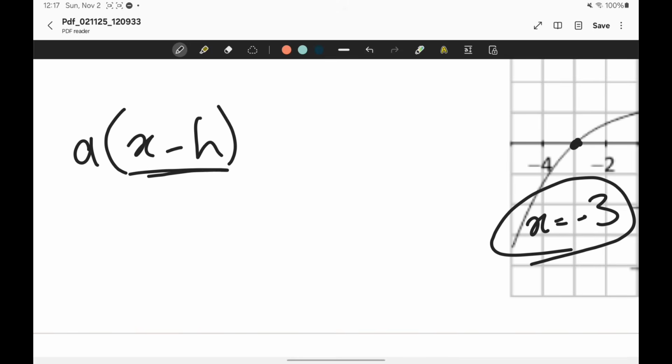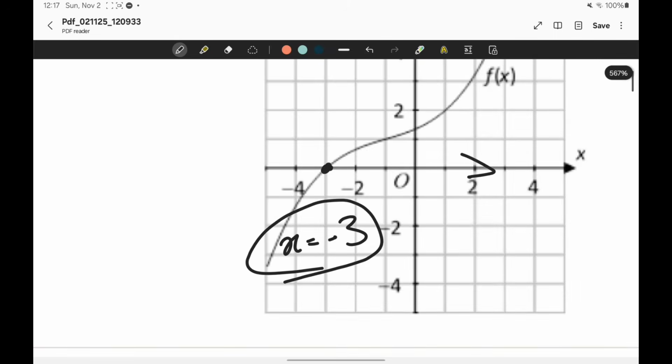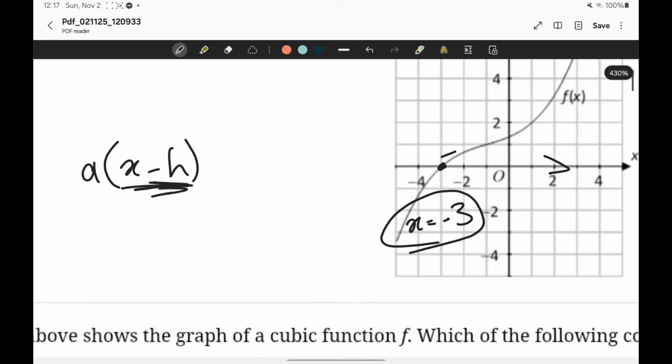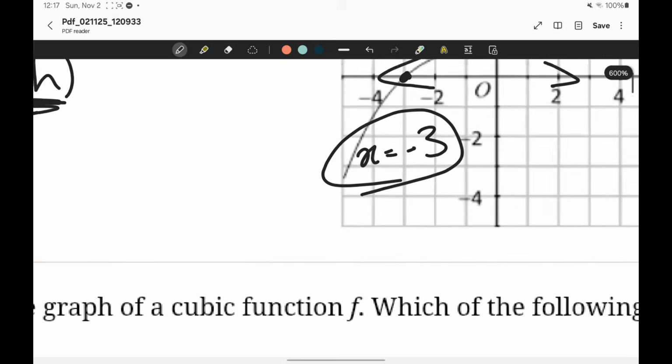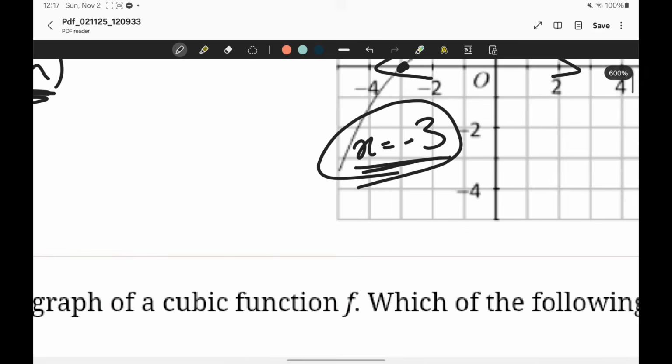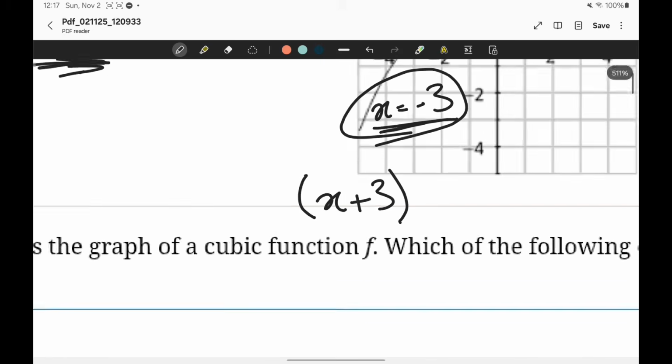We knew that this minus h is the opposite of what's happening. So if we have here a negative, then it touches in the positive. If this was positive, it touches in the negative. So basically since we're at x is minus 3, in our graph we should have x plus 3.